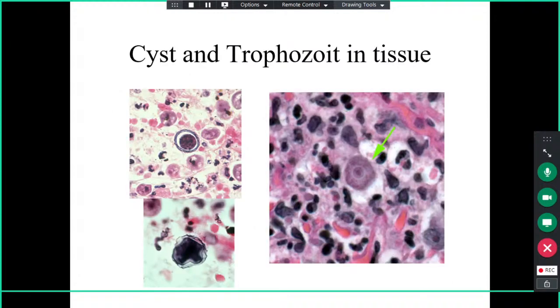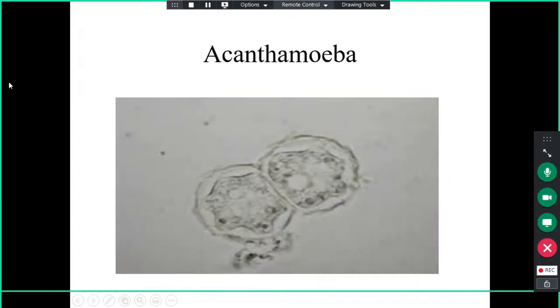This is just an example of how you can get it. Like Acanthamoeba, you can see the cyst in the tissue sample. Like wet mount, you may get this cyst, with a folded appearance like this, and the nucleus will be there.